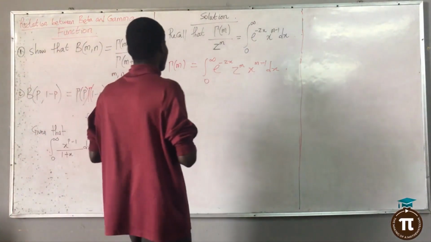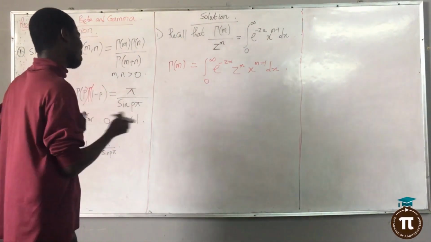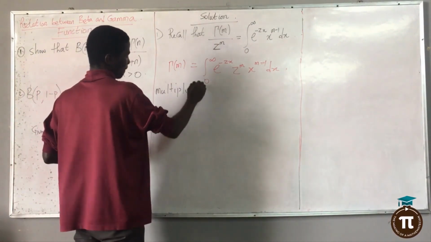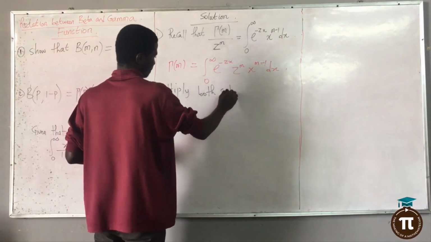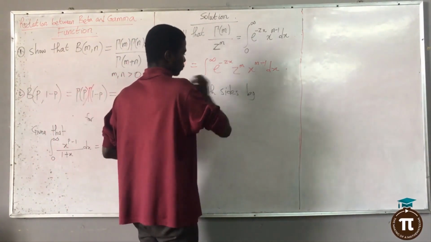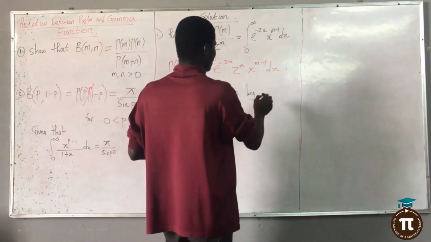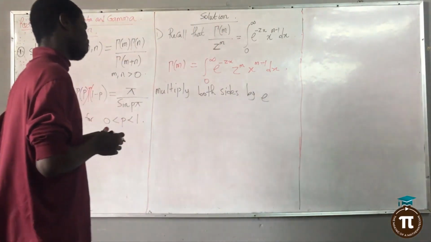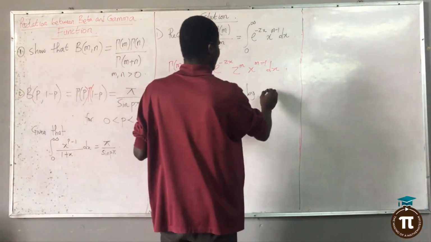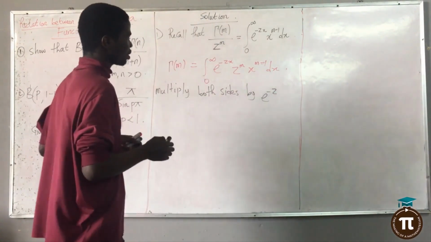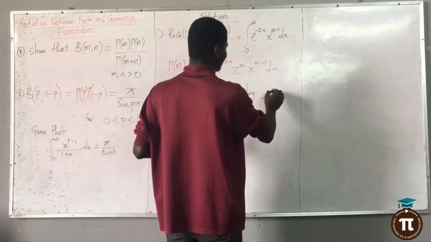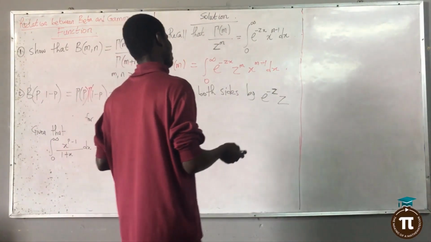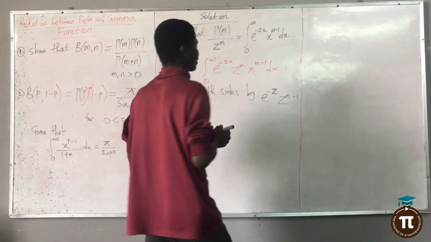So I will now multiply both sides by e raised to the power of minus z, z raised to the power of n minus 1.